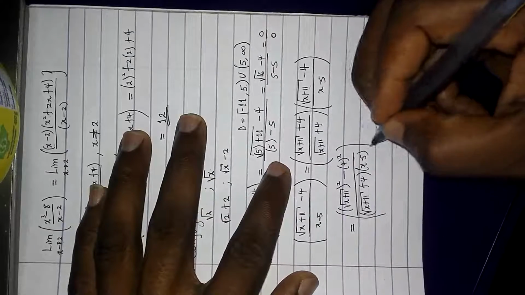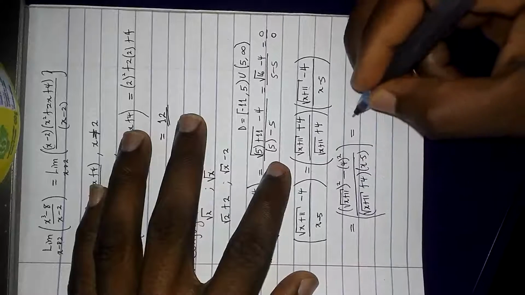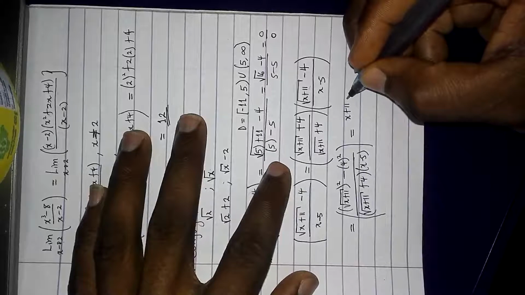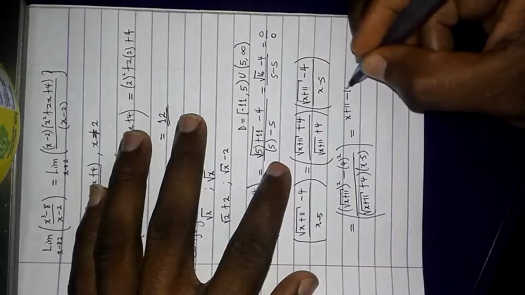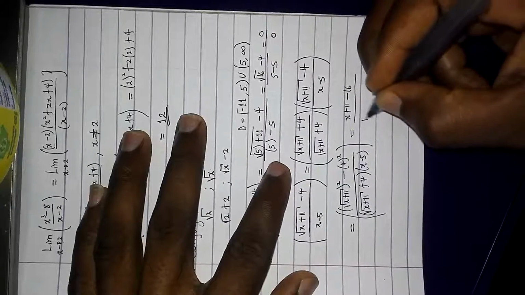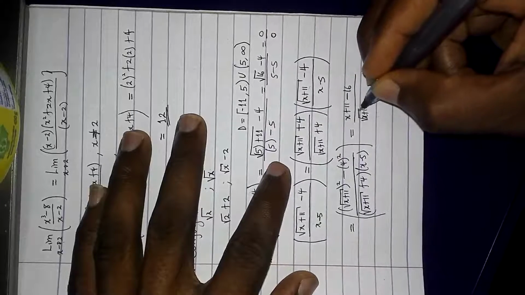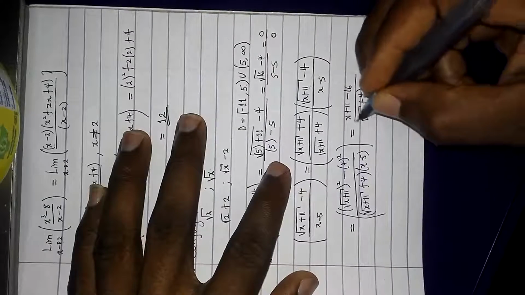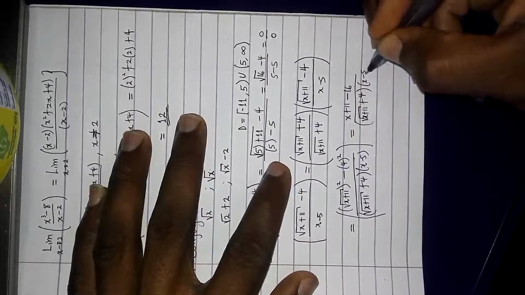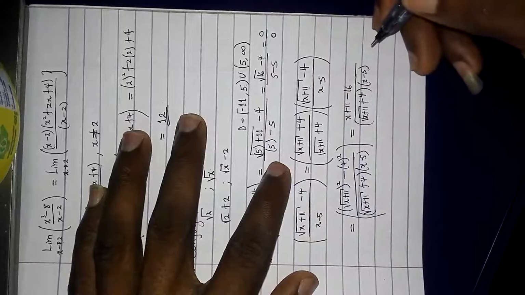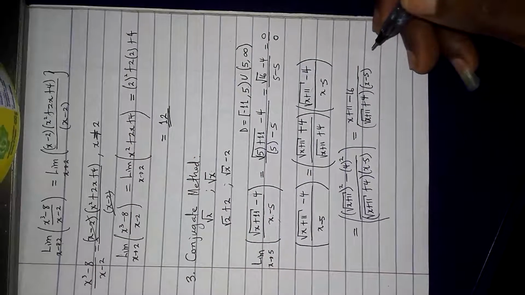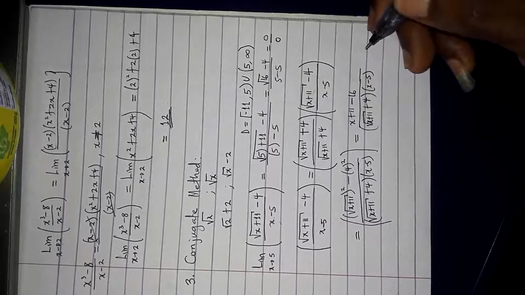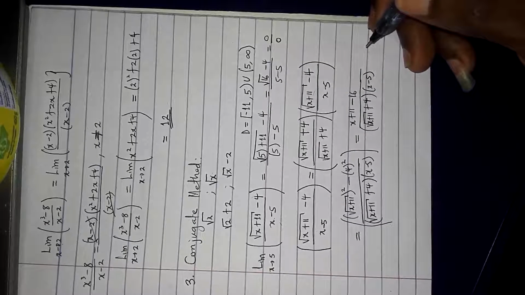When you square this, you're going to have x plus 11, because the square root sign goes, then minus 4 squared, which is 16, divided by square root of x plus 11 plus 4, then multiplied by x minus 5. That is what you get from this analysis when you have taken the multiplication.